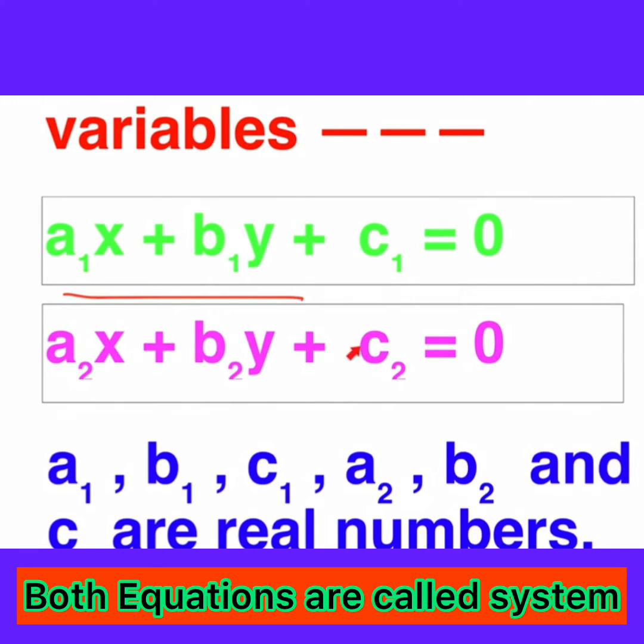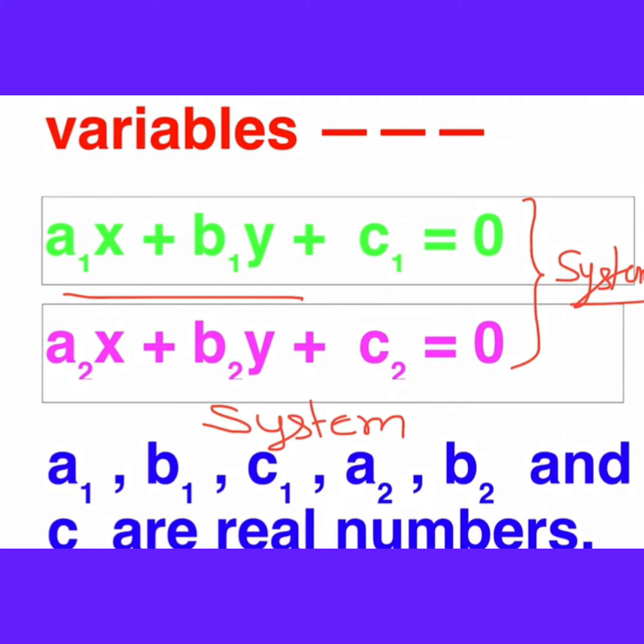So this is the pair. Combined, these two equations are known as a pair of linear equations in two variables, and this pair is also known as a system. Keep in your mind what a system of linear equations in two variables is.